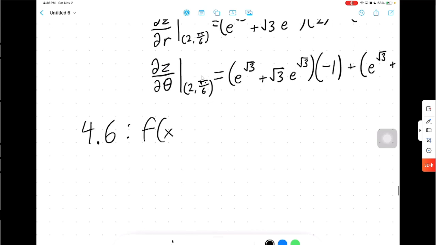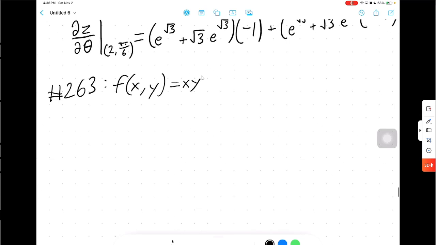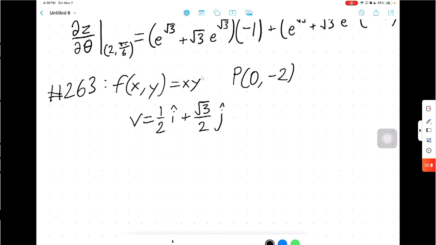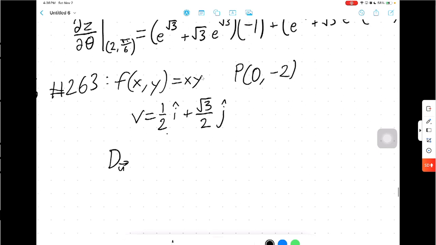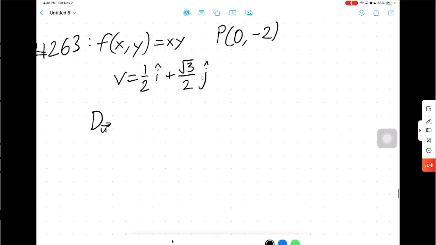Which says to find the directional derivative at the point given and the direction given. Point 0, negative 2, and v is equal to 1/2 i plus root 3 over 2 j. So for the directional derivative, I can roughly tell that this is going to be a unit vector, or you can even check for yourself.